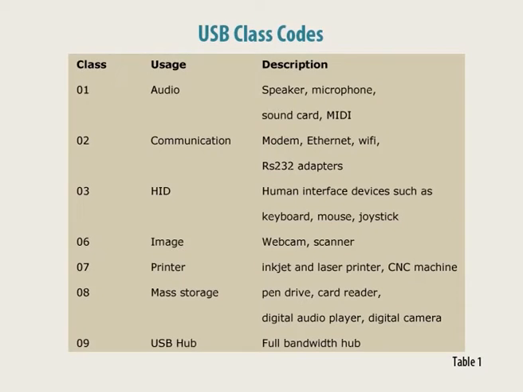Each device communicates this code to host PC so that it recognizes whether the device is a pen drive or a printer or a mouse and so on. Some of the device classes are given in table 1, which is self-explanatory. The list is quite long and the class number goes up to 255.